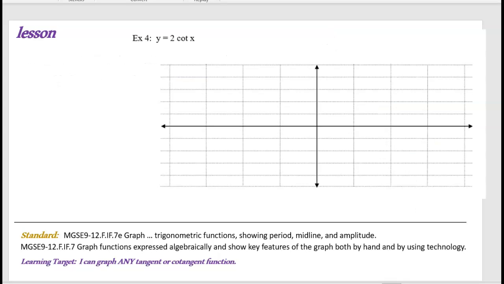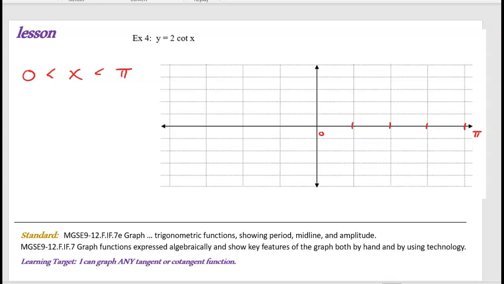All right, let's dive into an example. Y equals 2 times cotangent of x. So let's set our argument between 0 and pi. So we have 0, 1, 2, 3, 4.